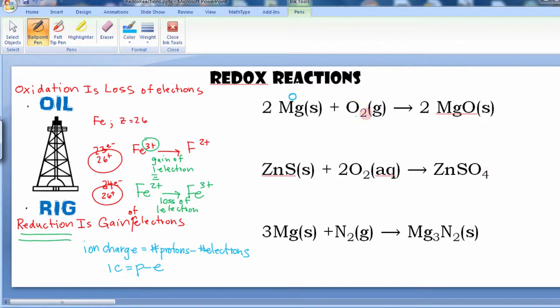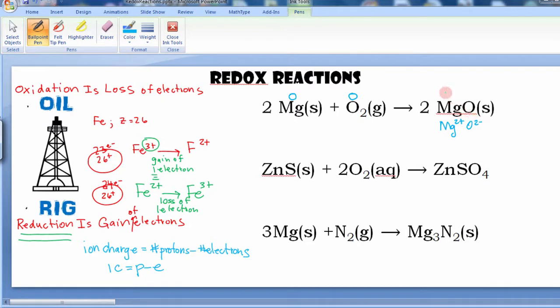The oxidation number of oxygen, diatomic oxygen, is 0 as it appears in nature. Now over here, what do we have? Magnesium oxide solid. You recall from chapter 3 or beginning of chapter 4 that this breaks up into Mg2+ and O2-.